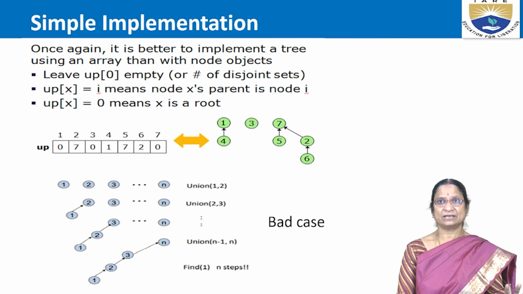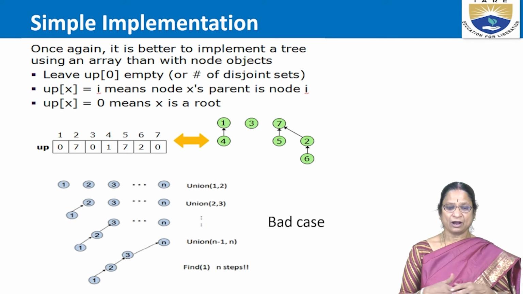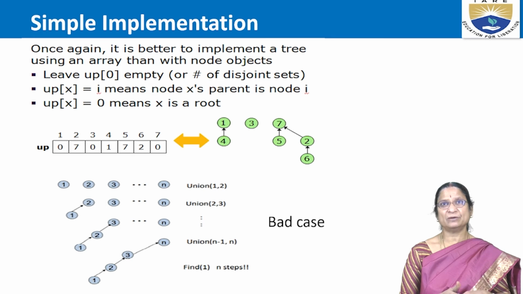If you are representing a tree as a single dimensional array, how to represent it actually? A different approach has to be taken by us. Right? So initially, up of 0 is considered as empty or the number of disjoint sets.